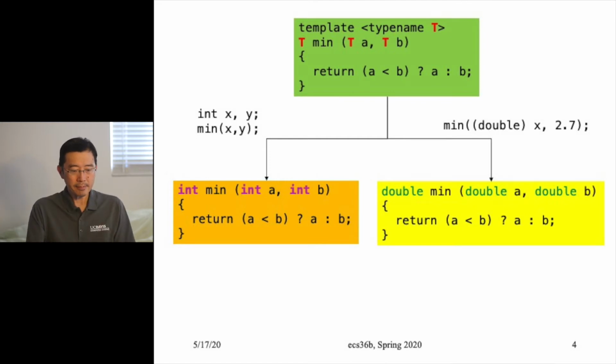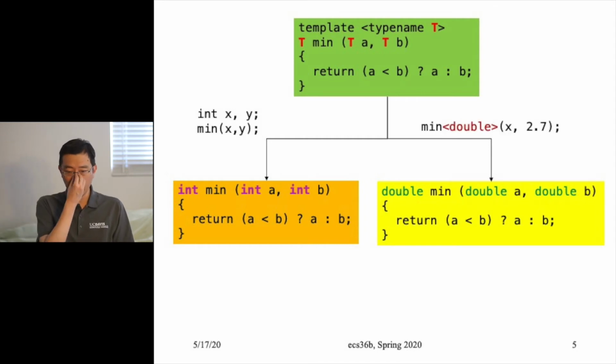All right. So you can also do this. In this slide, you can see that I changed that a little bit. In between min and the parentheses, I add a smaller than sign, double, and a greater than sign. This is what we call explicit invocation.